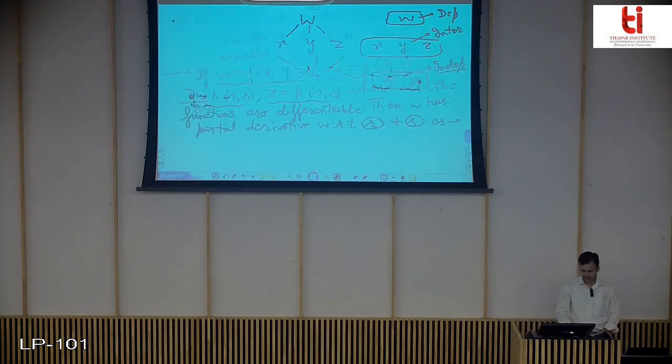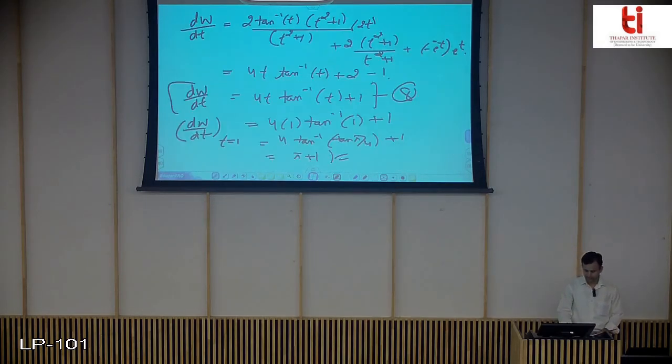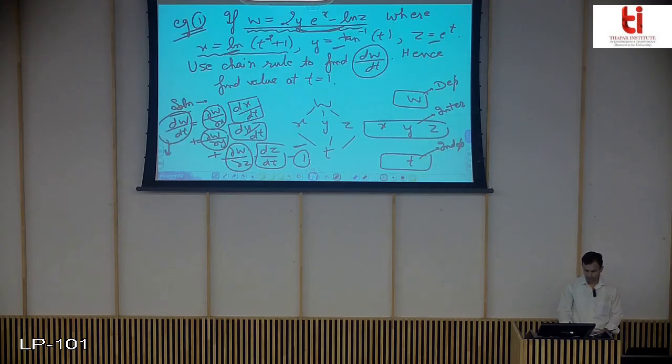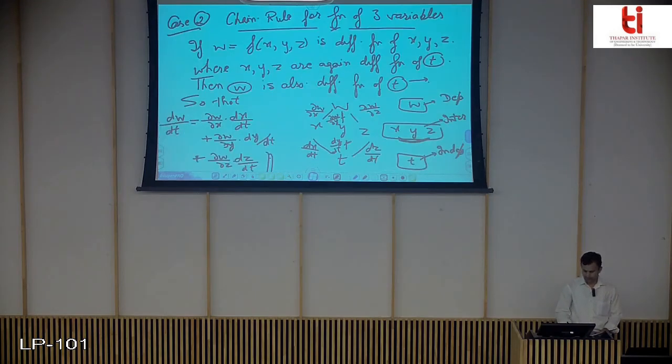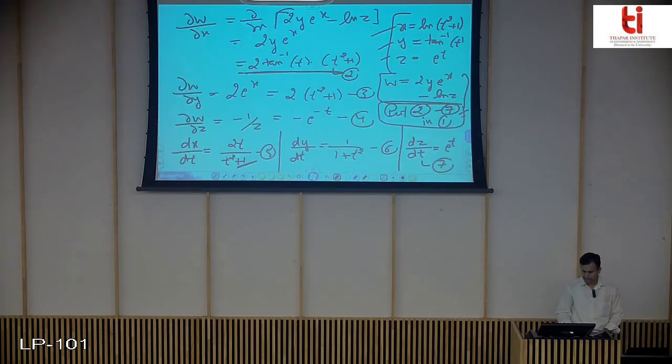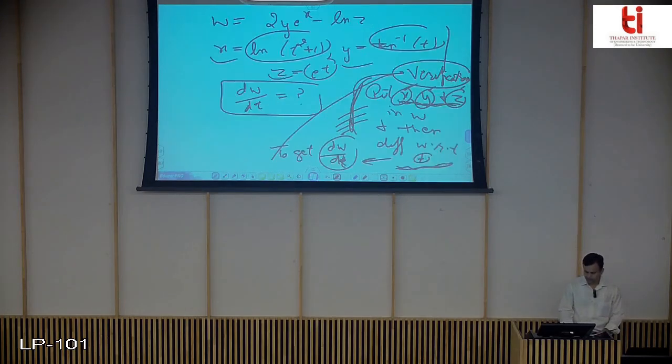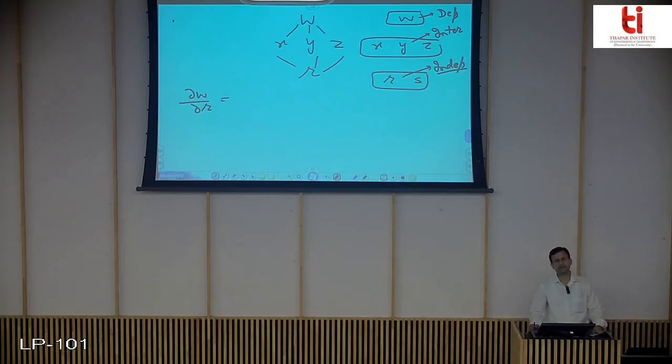Earlier, whenever we were finding the derivative, it was an ordinary derivative, because we have only one independent variable. And in the previous case also we have an ordinary derivative, because there was only one independent variable. But now you have partial, because independent variables are two.